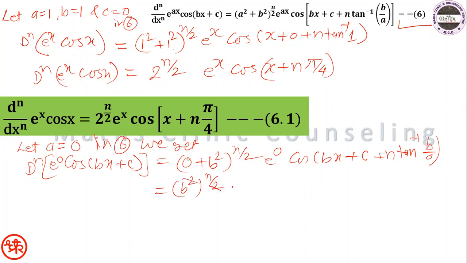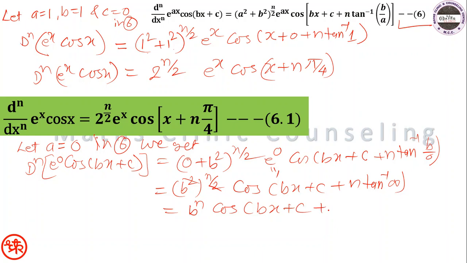So it is equal to b square raised to the power n by 2. This 2 will get cancelled. E to the power 0 is 1. So cos of bx plus c plus n tan inverse b by 0 is infinity. Okay, and so it is b to the power n cos of bx plus c plus n into tan inverse infinity है.